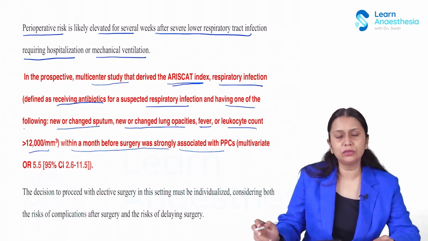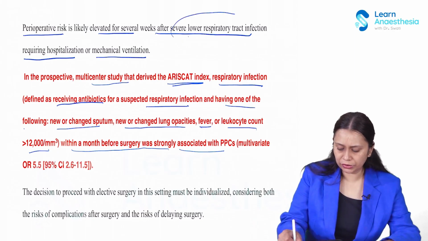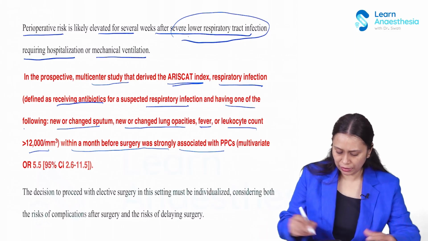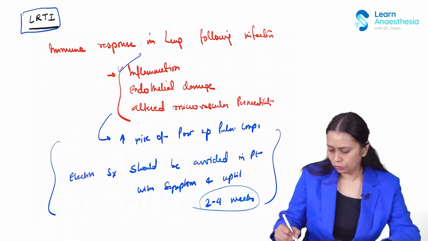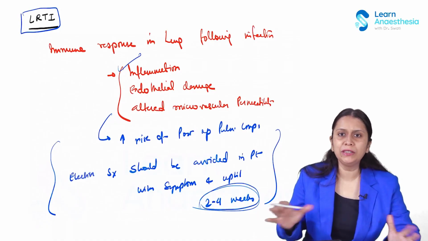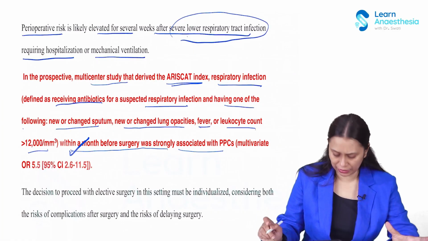These were strongly associated with post-op pulmonary complication. So lower respiratory tract infection was strongly associated with post-op pulmonary complication if it was within the month before surgery, and that's why a 2 to 4 week gap would bring the patient's lungs to baseline level, and that gap is required if possible for elective surgery.